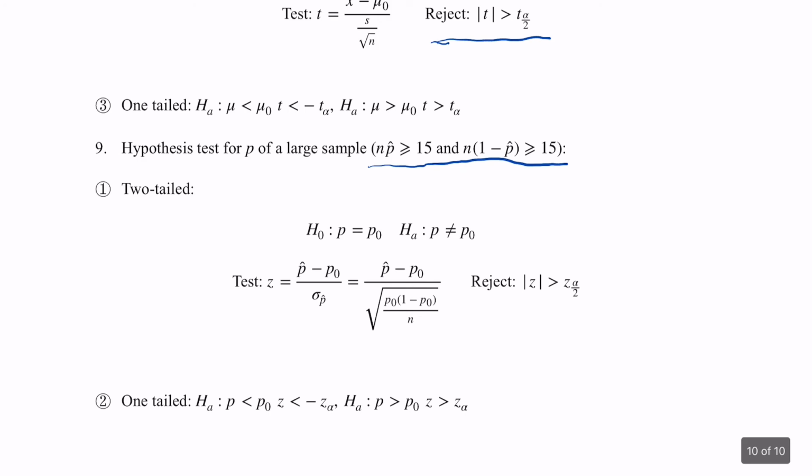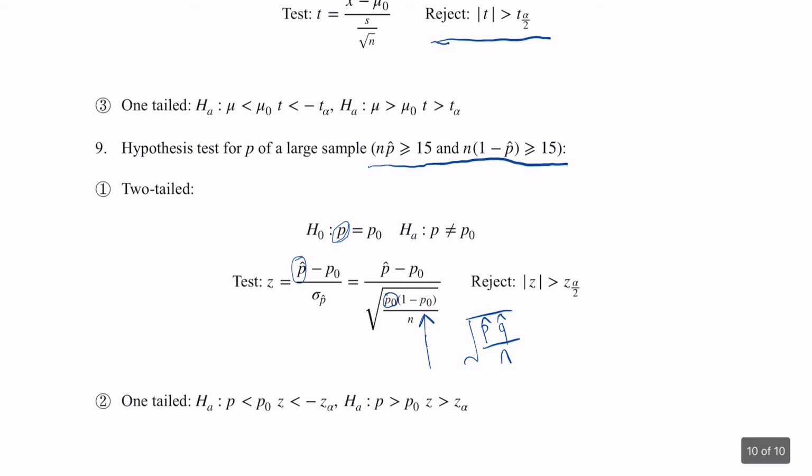One thing you need to notice about this formula is that here, if you remember when we were talking about confidence intervals, I said if you don't know the population proportion, you can substitute it with the sample proportion, right? I said that in the confidence interval section. But here you cannot substitute it. You cannot substitute P0 with p hat.